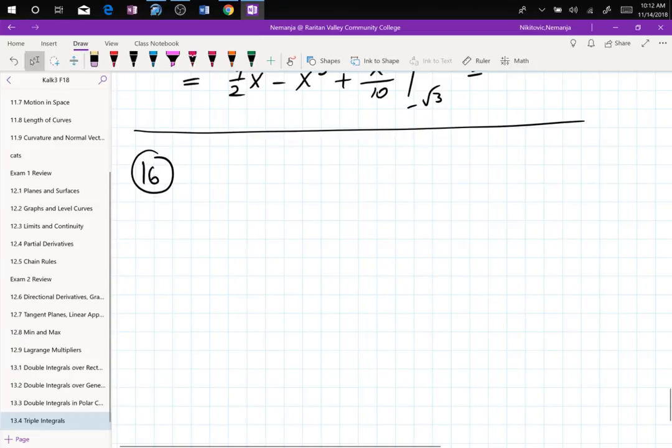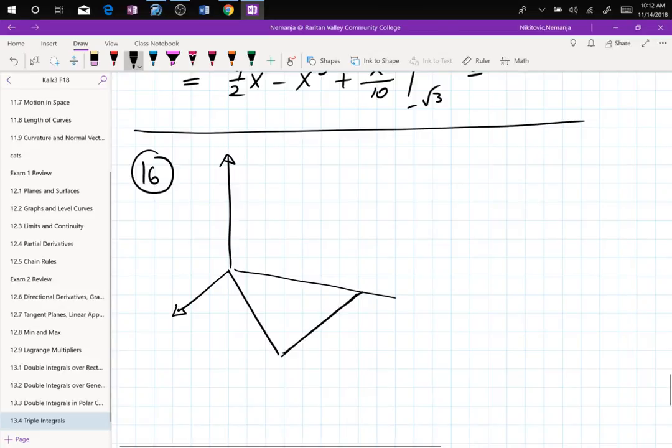So problem 16, we have the coordinate plane, have the line, have it here, and then I have this and that. It's terrible, but better.